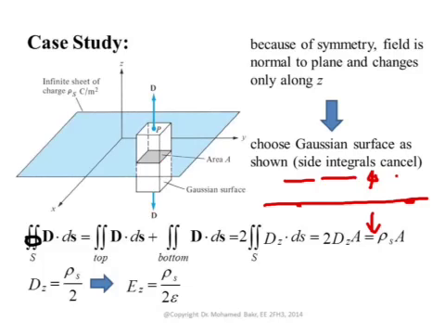Now, one other thing: because the field, if it changes, will change with z, and this is a constant z surface, D will not change at every point on this surface, and I can take it out from the integral. So we say that the total flux through this whole closed surface will give us only the flux through the top and the bottom plates, because D is in the z direction, it is normal to all the side surfaces.